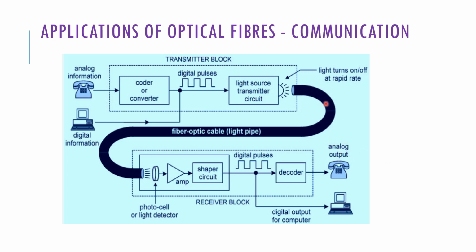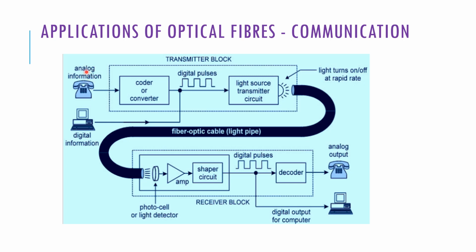So here the optical fiber plays the biggest role. From the transmission circuit to the receiving circuit, what is running in between is optical fiber. So this is a telephone, which is something like a caller.